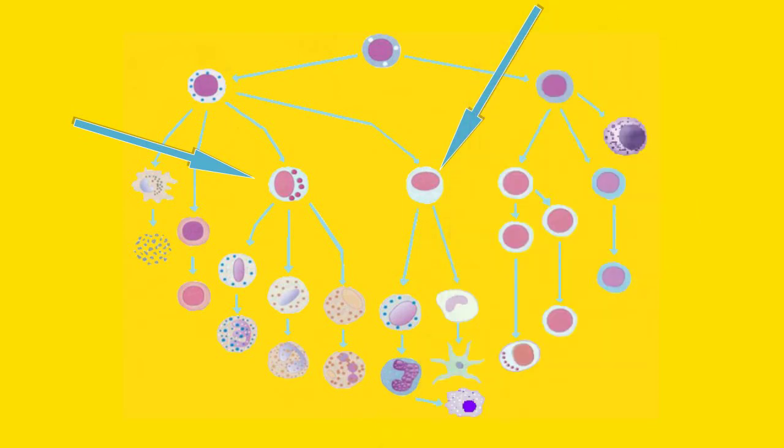Phagocytes, blood granulocytes, include neutrophils, eosinophils, basophils. Tissue macrophages are found in every organ and tissue.